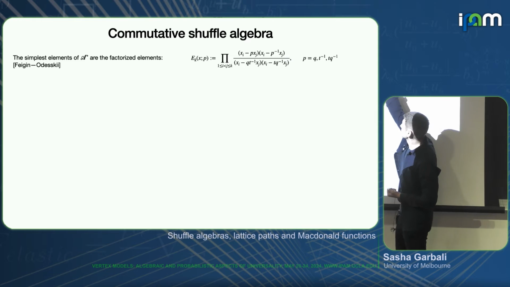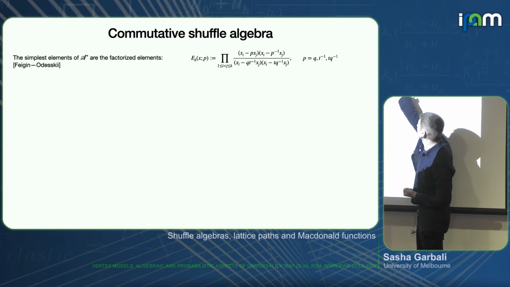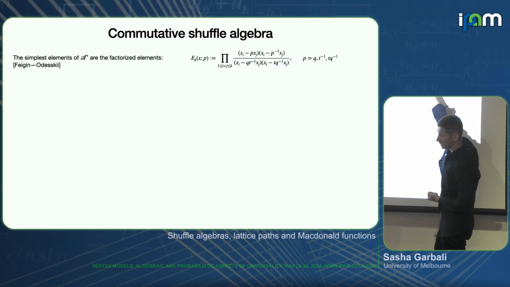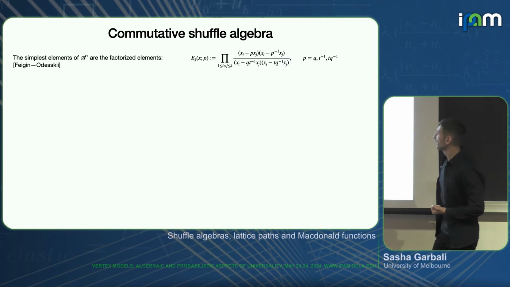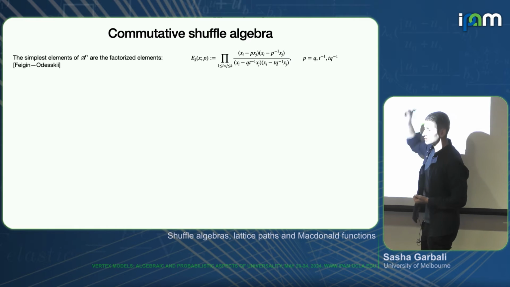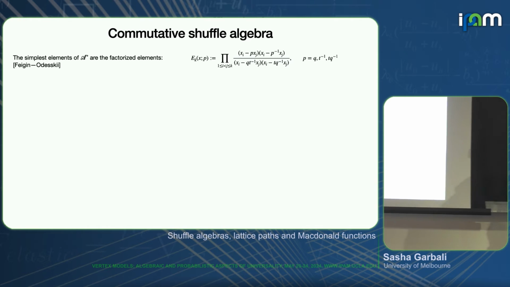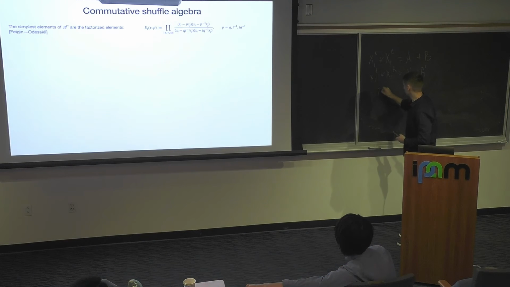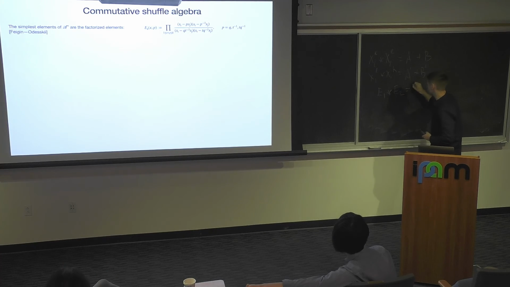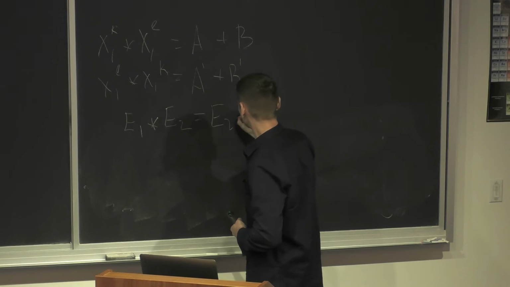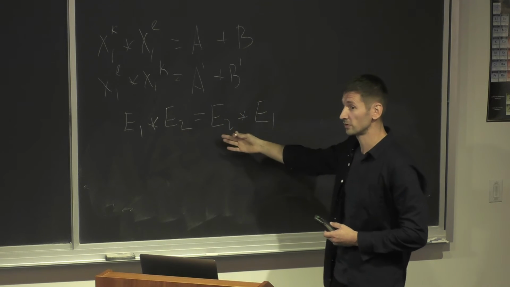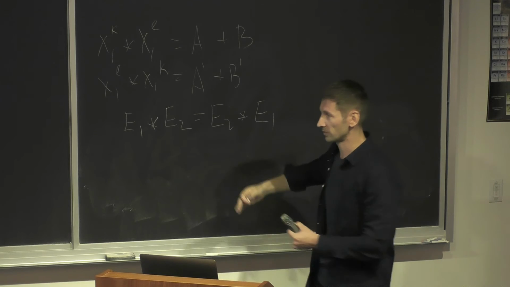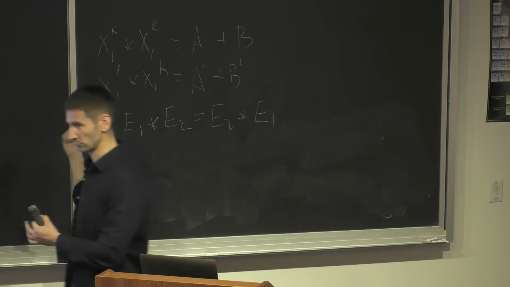So if you look at this rational function, and for p, if you insert any of these values, you can directly check that they will satisfy wheel conditions. And these rational functions will be also commuting. So if you take E1 star E2 and compare it with E2 star E1, you will find out that they are equal. This is a very non-trivial computation, and this took a very long paper for Feigin and company to prove.